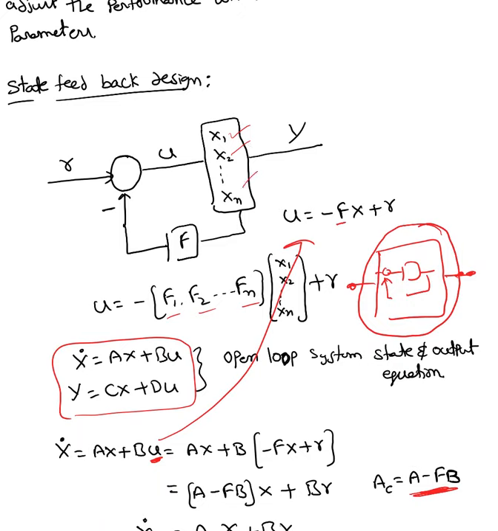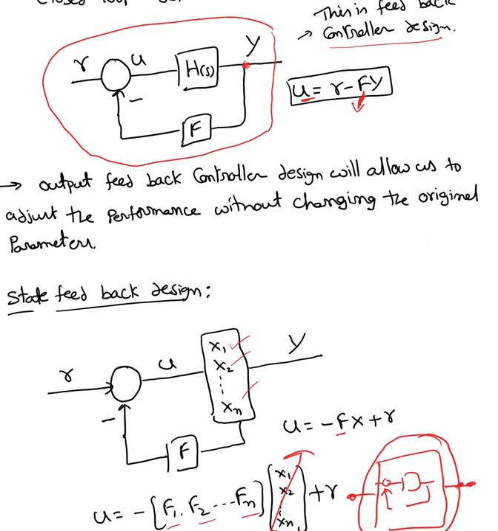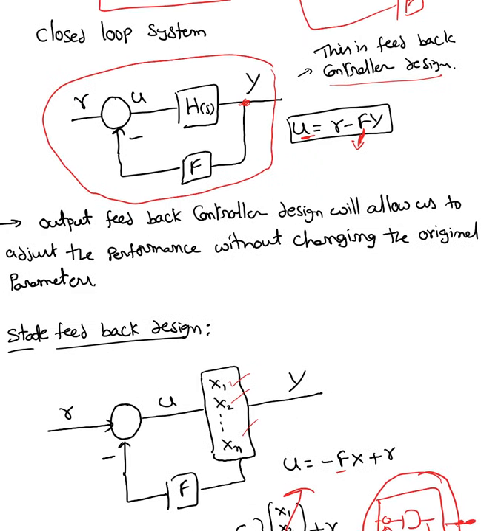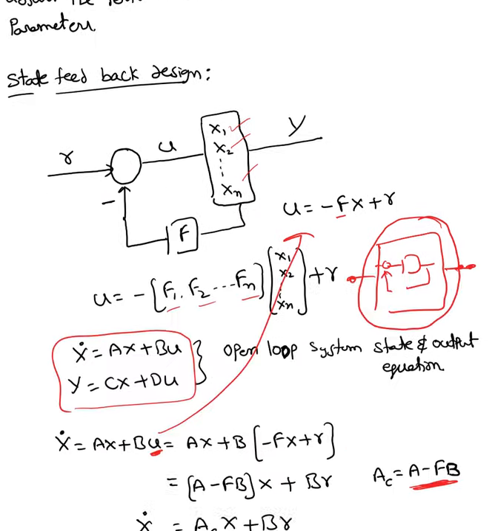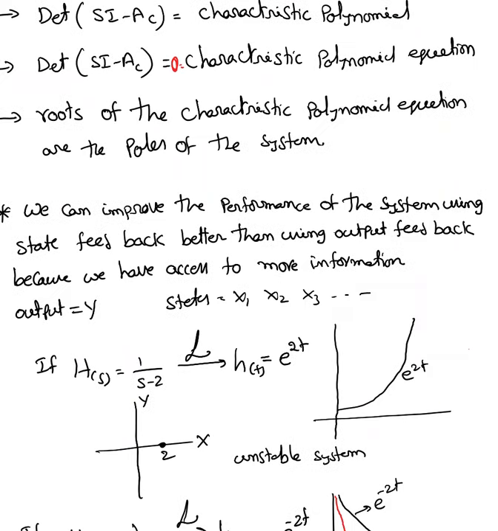That means we have more information than output feedback control, because I have only one output, but I have n number of states. So based on this, we can improve the performance of the system using state feedback better than using output feedback.